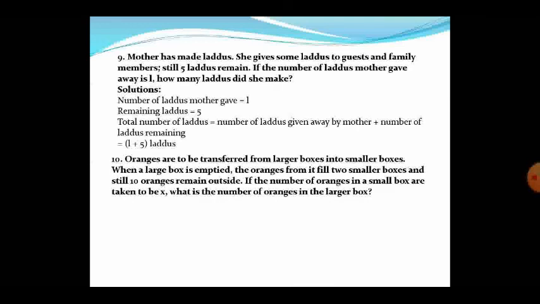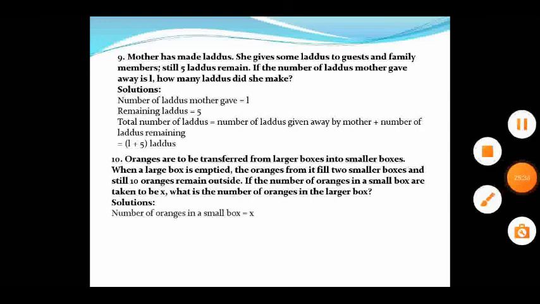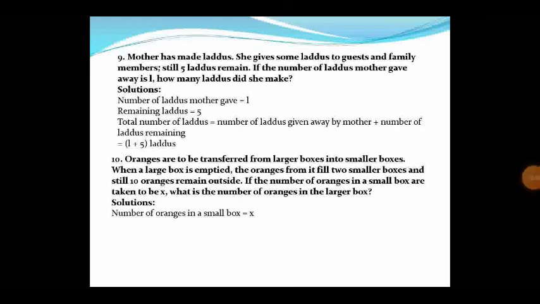Oranges are to be transferred from larger boxes into smaller boxes. When a larger box is emptied, the oranges from it fill the smaller boxes and still 10 oranges remain outside. If the number of oranges in a small box is taken to be X, what is the number of oranges in the larger box? See children, you understand the question. Oranges are transferred from larger boxes to smaller boxes.